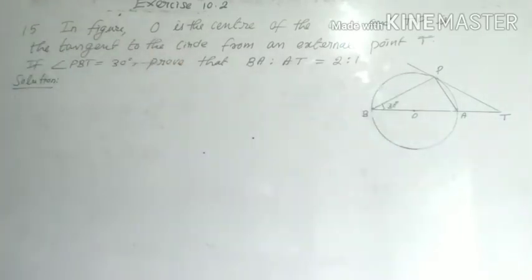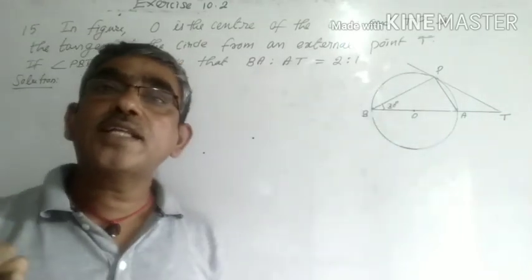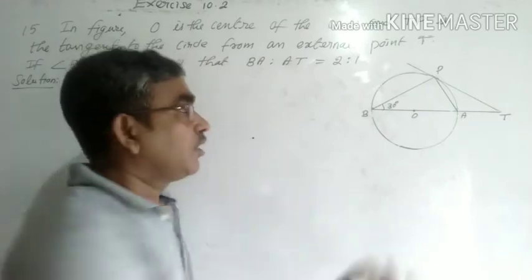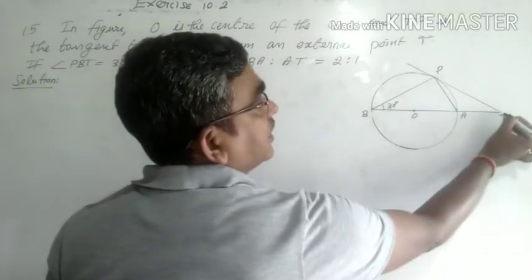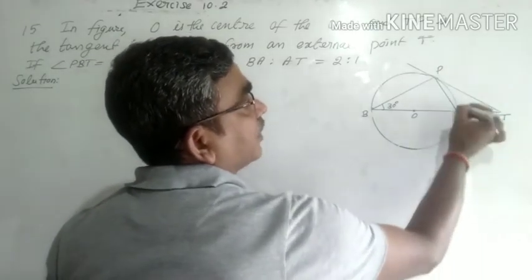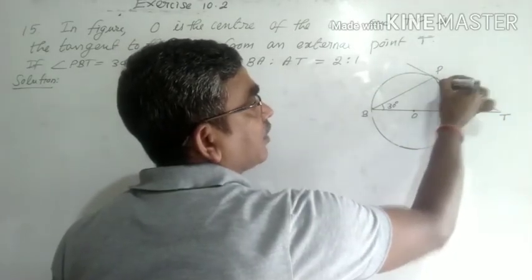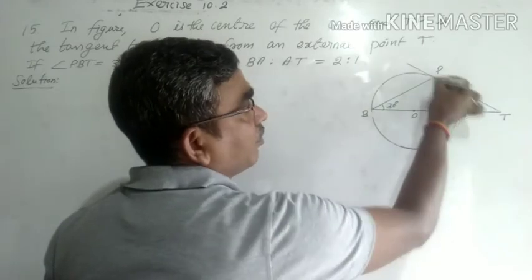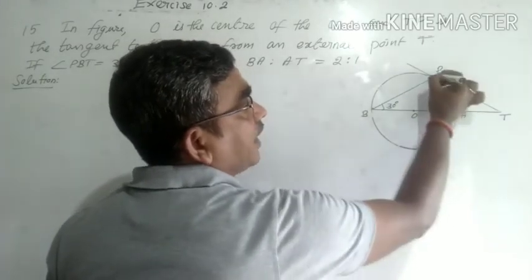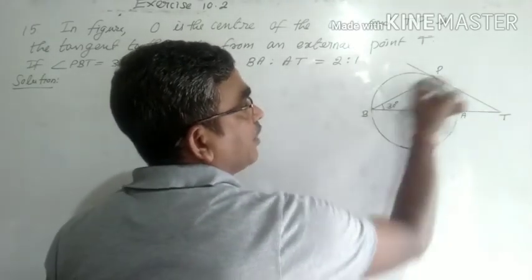First point I can tell you. We talked about angles in the alternate segment, the previous point. See, TP is a tangent. AB is a chord. Whatever angle this chord makes, that will be equal to this one. You can see now, angle APT equal to angle ABP.